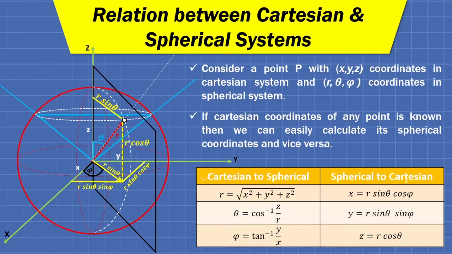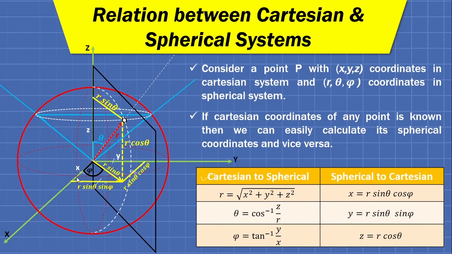Fine. In other words, if we have spherical coordinates of any point and if we want to convert it in a Cartesian coordinate, then we can calculate its x coordinate with r sine theta cos phi. So as you can see, this and this both are having equal length, so x will be r sine theta cos phi. Similarly, this line and this line both have equal length, so y will be r sine theta sine phi, and z will simply become r cos theta.